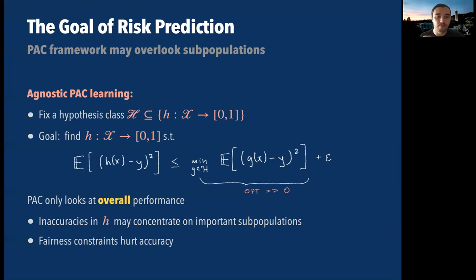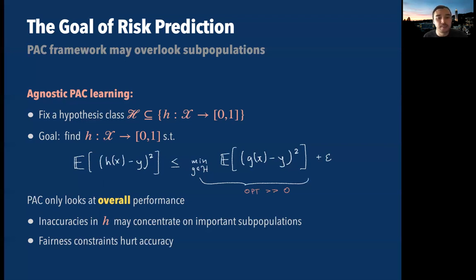While this framework has been very widely successful in formalizing the goals of learning and machine learning, and for learning accurate predictors in diverse domains, a critical downside of the PAC framework is that it only considers overall performance.